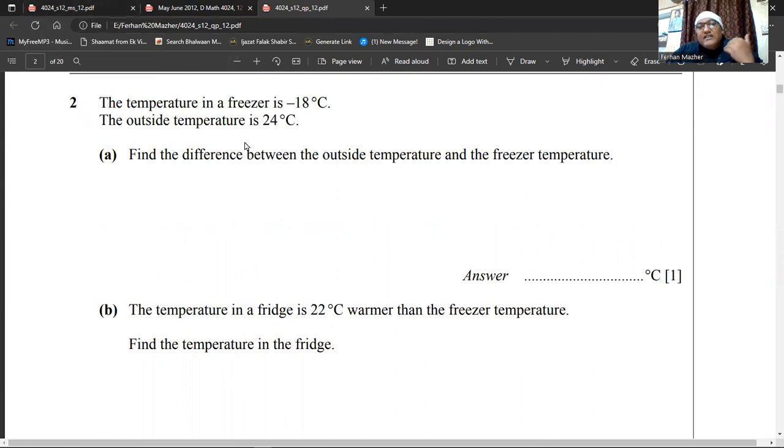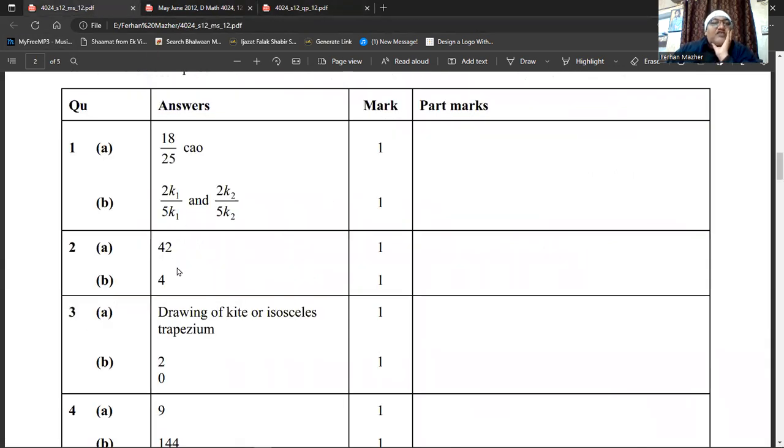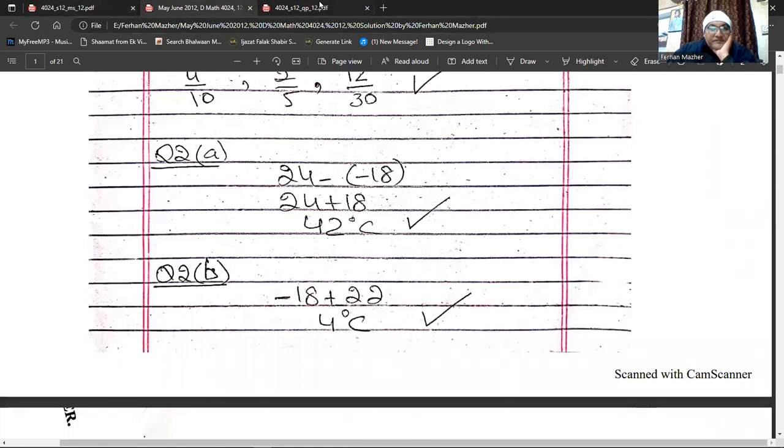Find the temperature in the fridge. So that will be minus 18 plus 22, and that will be plus 4. Plus 4 is the right answer.